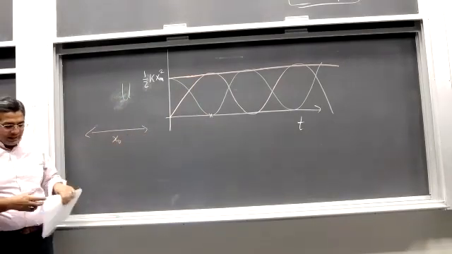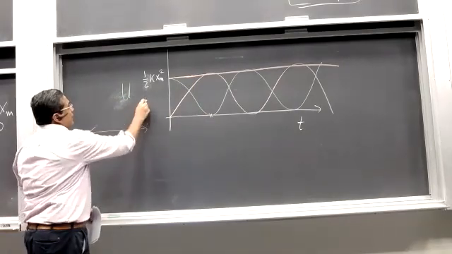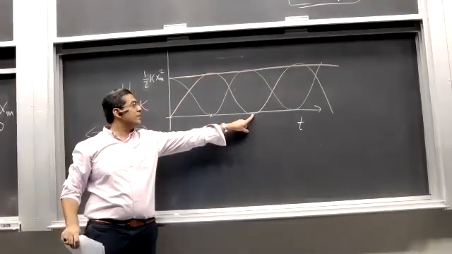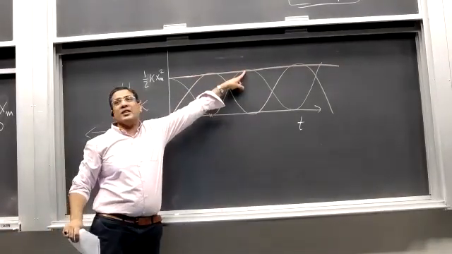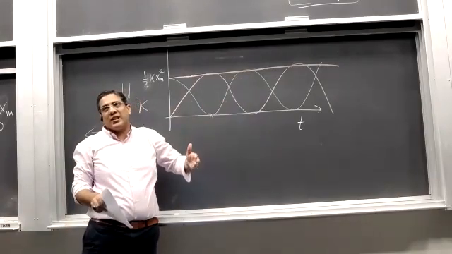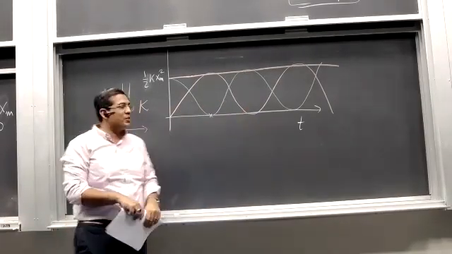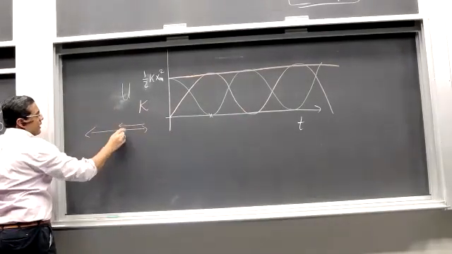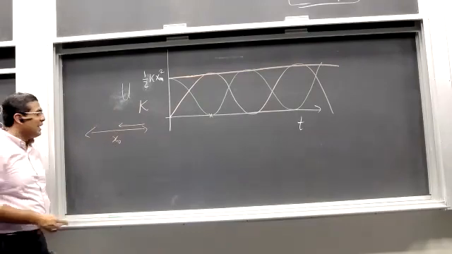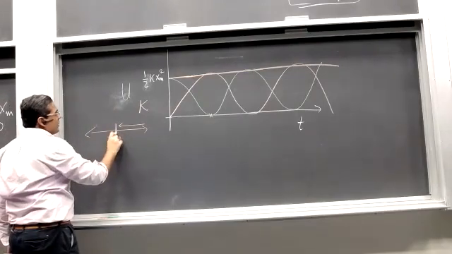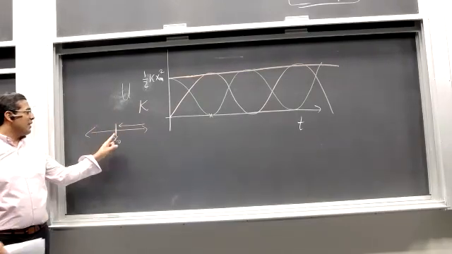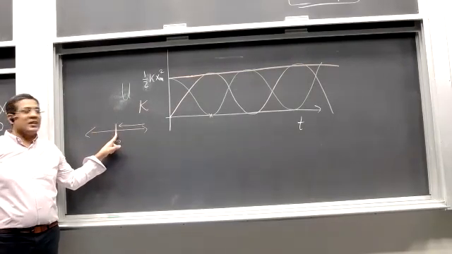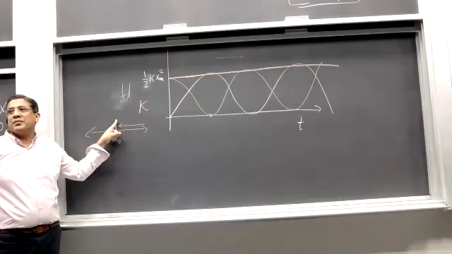That means its kinetic energy K is 0, and its potential energy is maximum. That is when it is farthest away from the equilibrium position. Then when it comes back, it starts accelerating, and when it passes the equilibrium position, the potential energy is 0 because it is at the equilibrium position, and its velocity is maximum.